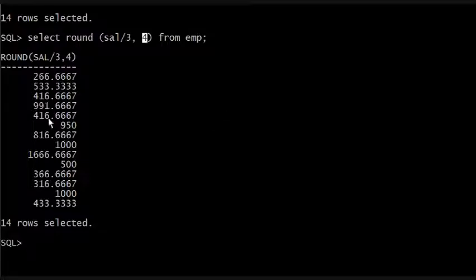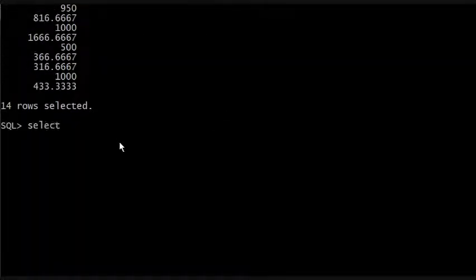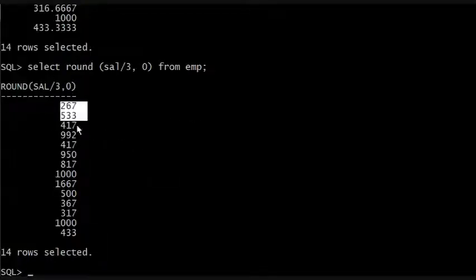Now what if we wanted to round to a whole number? Let's see what would happen if we do select round sal divided by 3, comma, space, 0 from EMP. There's the whole number. All right, so we're still dividing it by 3, but we're rounding it to a whole number.